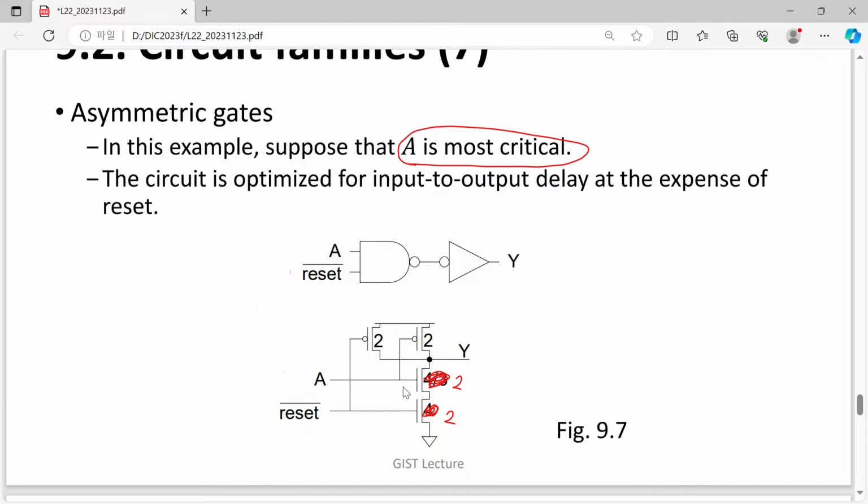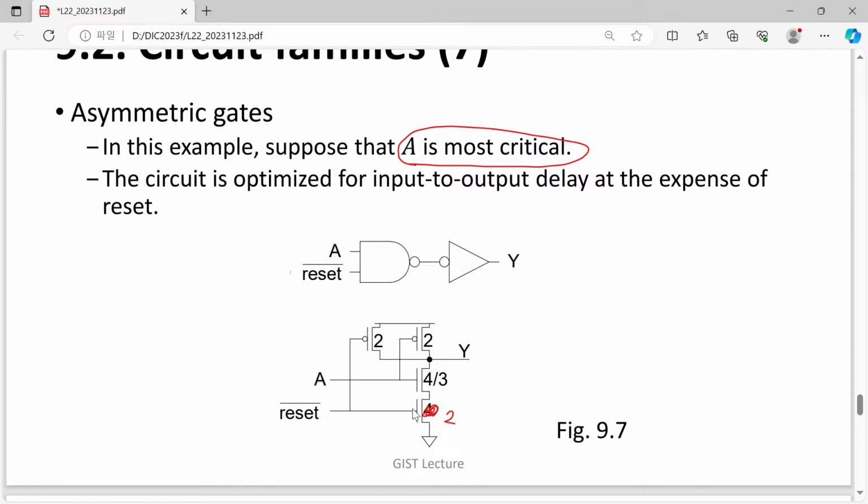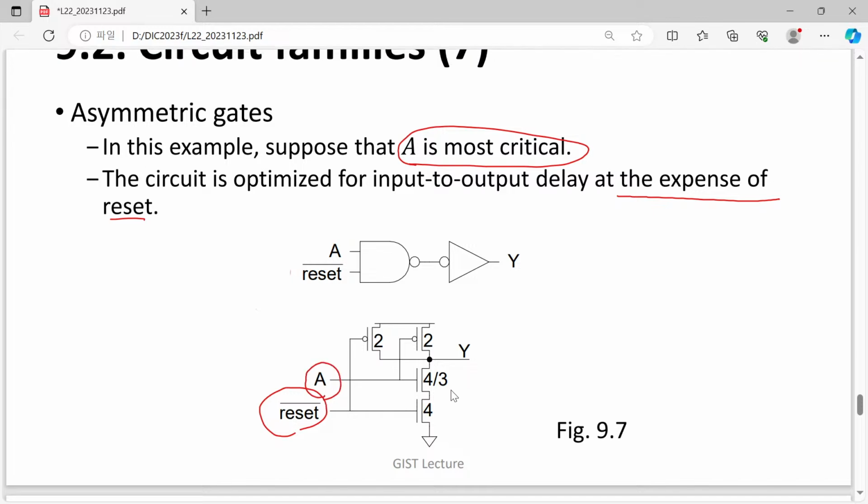Then we have 2 for A, and for reset bar we also have 2, but still we have a shorter delay time for A. However, if we further emphasize only the A transition, then by sacrificing the propagation delay of our reset, we can even further reduce the propagation delay of our A parameter.